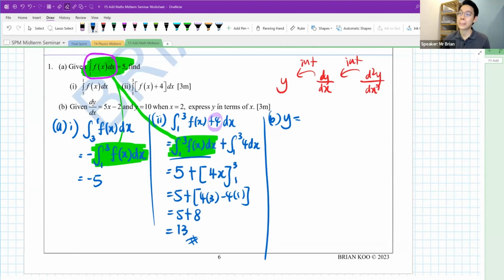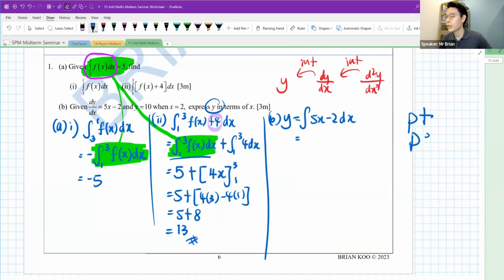You want to find y, you have to integrate your dy/dx, which is the same thing, power plus 1, power divide. You look at the power here, you plus the power by 1, and you divide by the power. Sorry, this one will have a plus c.